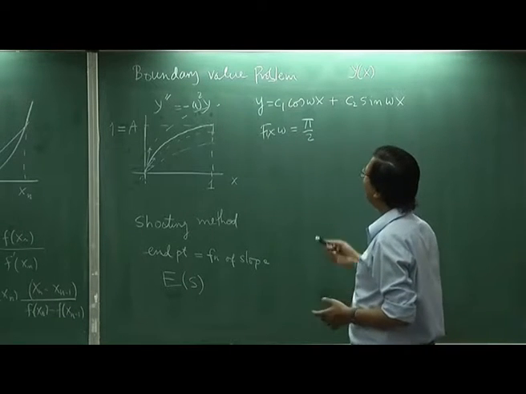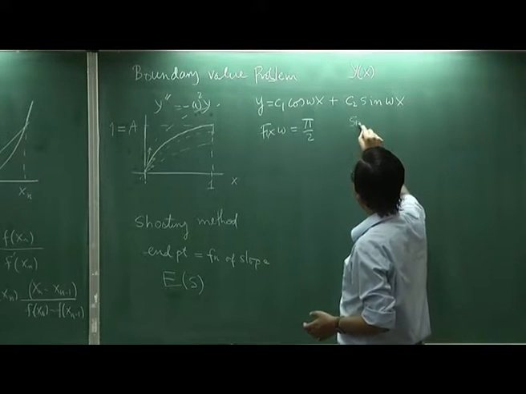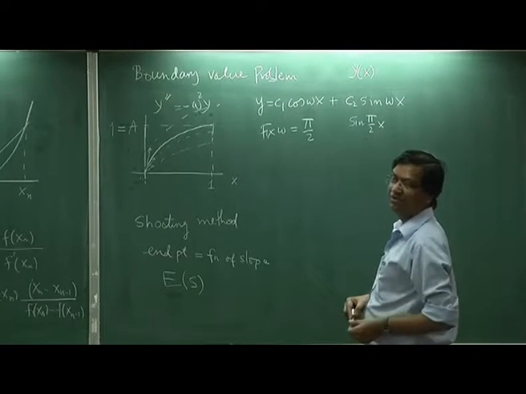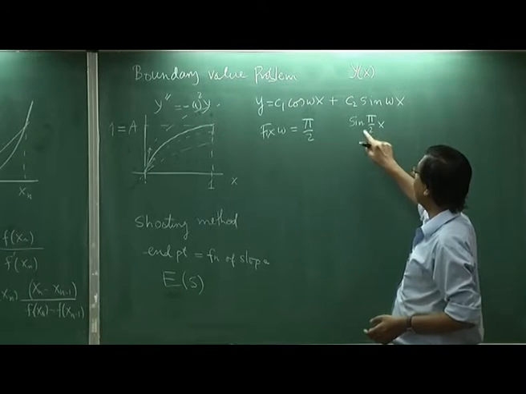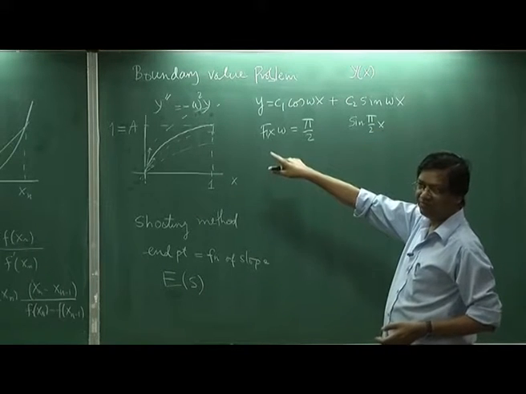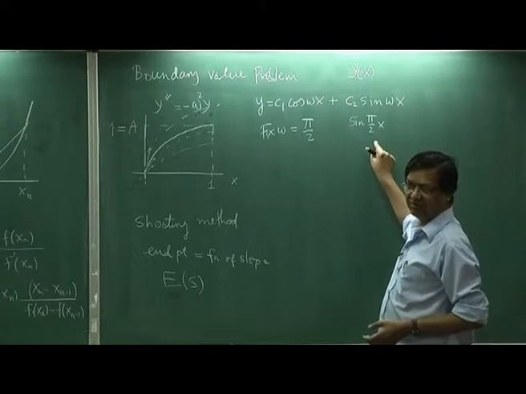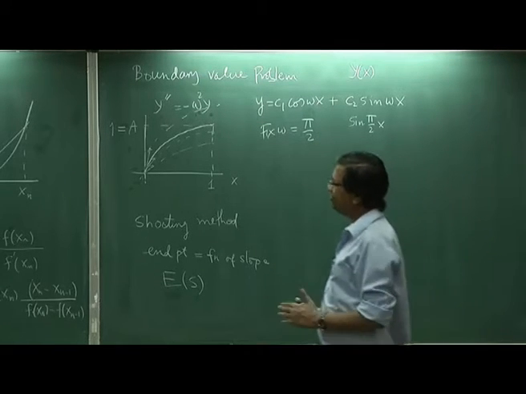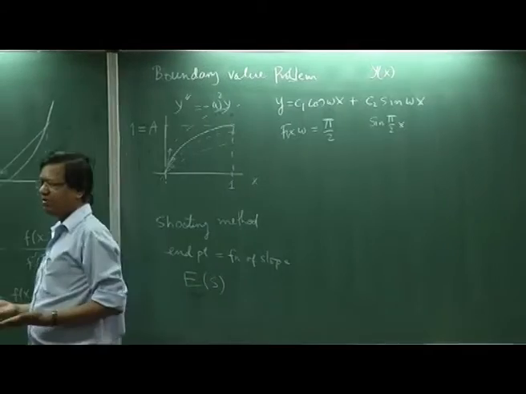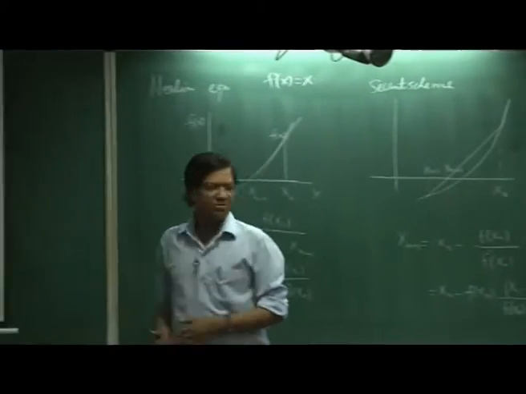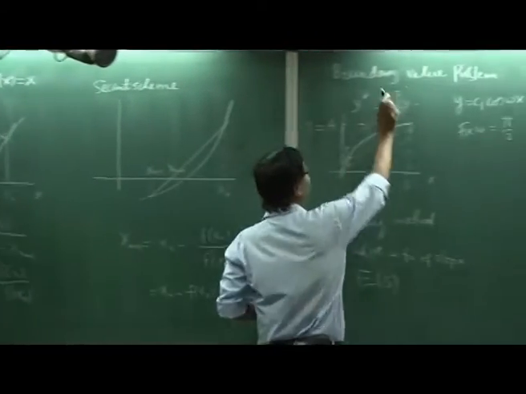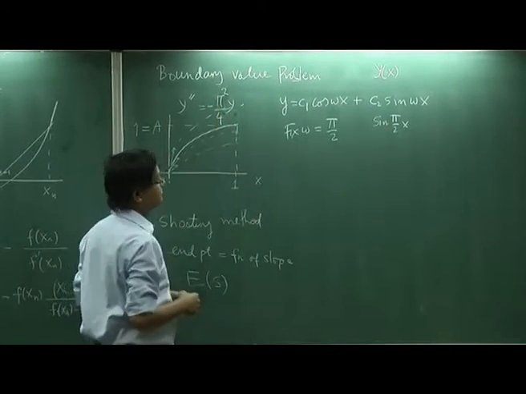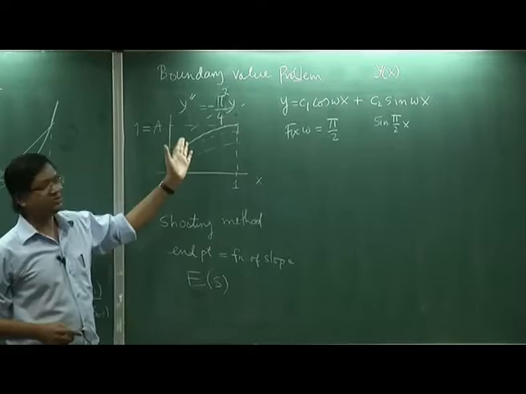I know the answer is sine of pi by 2 x, because at x equal to 1 I want the value of the function to be 1. So I am choosing omega to be pi by 2. This tells you how to solve the boundary value problem. To begin with, this was basically pi squared by 4, so I was solving this equation.